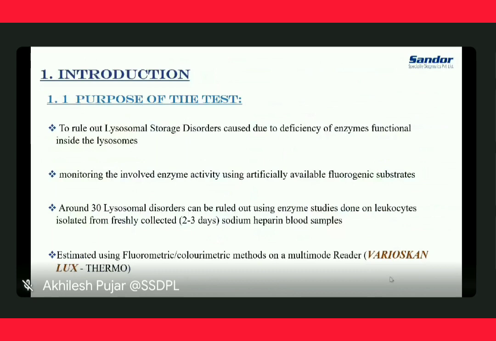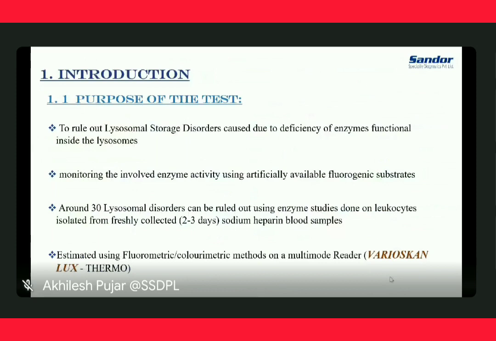So, here we'll be ruling out lysosomal storage disorders, and these disorders, as I just said, are because of some kind of deficiencies of enzymes that are functional inside lysosomes. I will also tell you what lysosomes are. So basically, whenever there is some malfunction of an enzyme which is actually working inside the lysosome, we will see cases of lysosomal storage disorders.